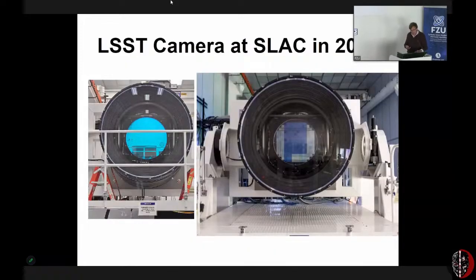Okay, so now in this photograph, you see the focal plane already integrated in the full camera. Here you can see that there are 189 CCDs, not counting the corner CCDs, and you see that they have different colors. That's because we used CCDs from 2 vendors, and they had slightly different quantum efficiency.